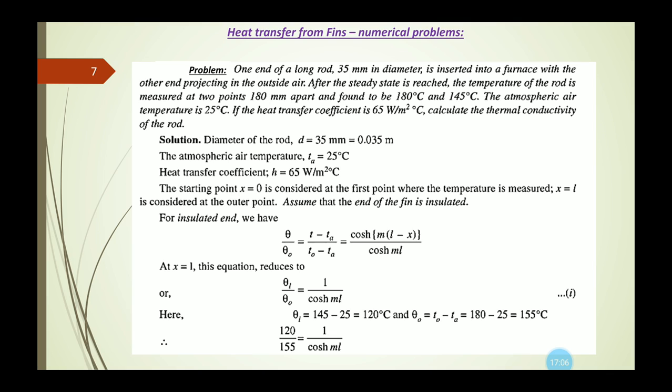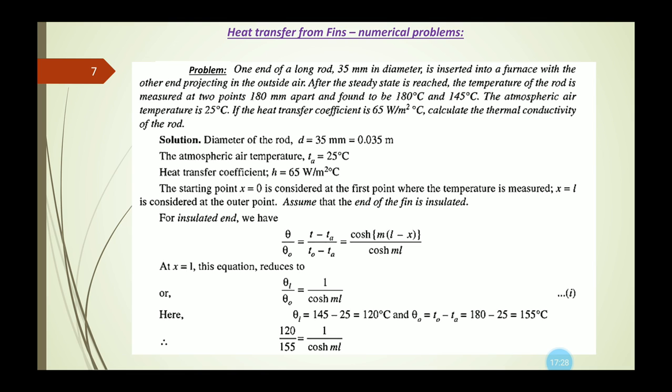Let us first write what is given in this numerical. The diameter of the rod is given as D equals 35 mm or 0.035 meter. The atmospheric air temperature, the ambient temperature, is given as 25 degrees centigrade. The convective heat transfer coefficient h is given as 65 watt per meter square degree centigrade.